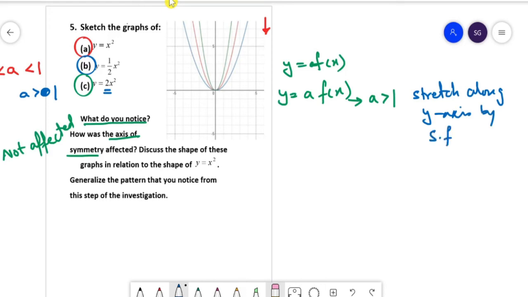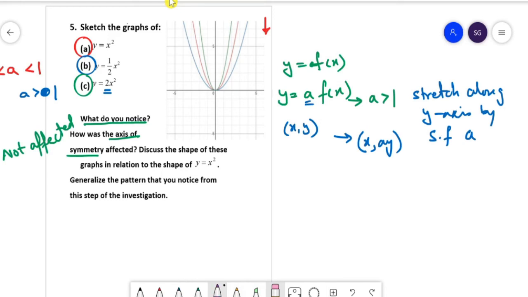Scale factor means it will be multiplied by that number. As you can see, for the green graph here, the number that is multiplied is bigger than 1, so each original y value is multiplied by the scale factor. And in general, if (x, y) is the original point, the x value remains the same and the y value is made that many times as the stretch factor.